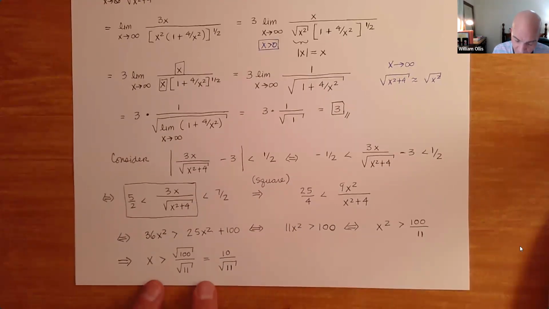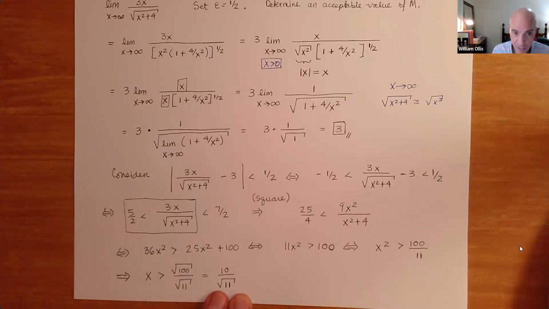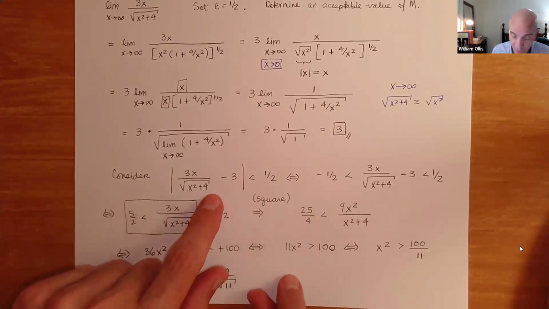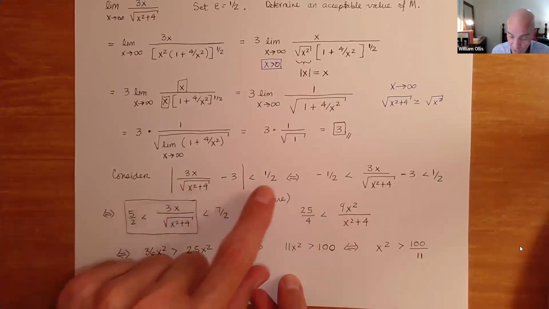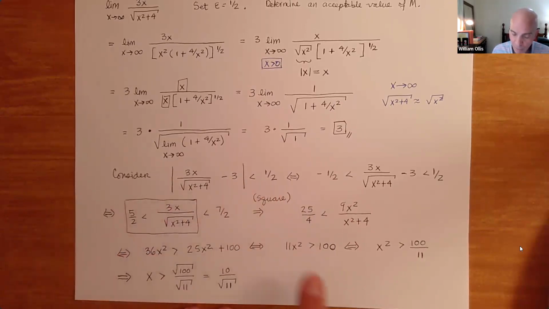So now what you see, we can set this to be a value for m, and any x bigger than 10 divided by the square root of 11, all of this can be backtracked, will imply that the function is within 1/2 of 3. So again, as long as we apply mathematics that is correct to the procedure, then we can specify the value of m.